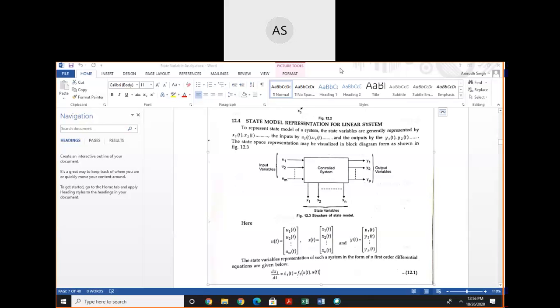State model representation for linear system.